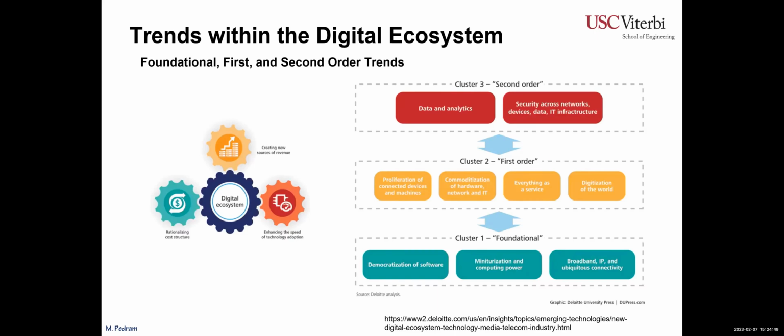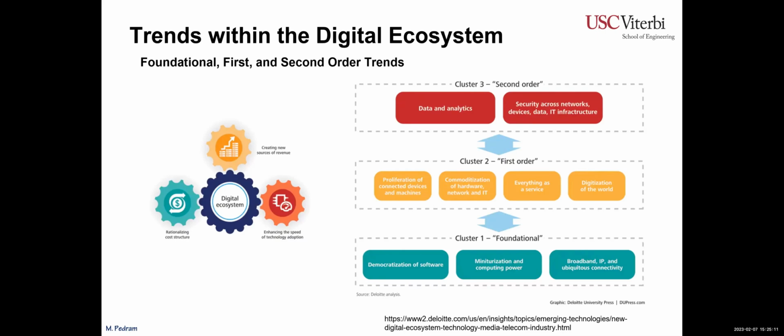this is trying to summarize graphically basically the trends that we see. Again, it's well documented and generally used terminology that there are foundational trends, there are other first order effects, and then second order ones.